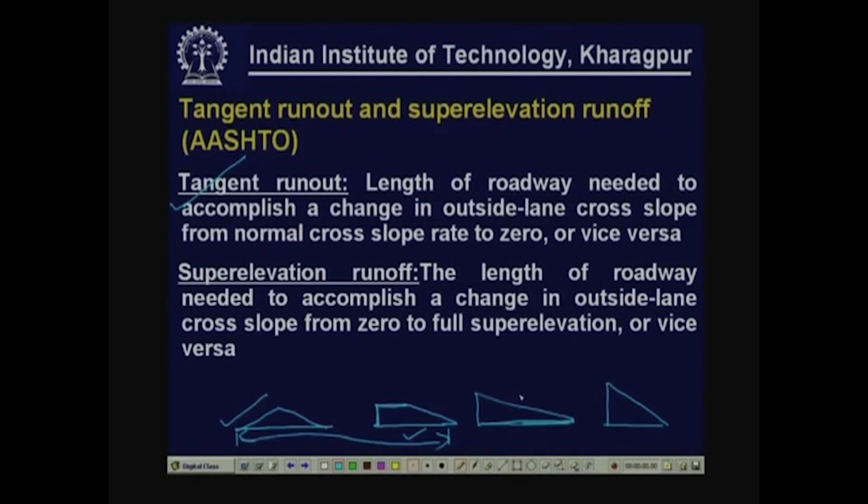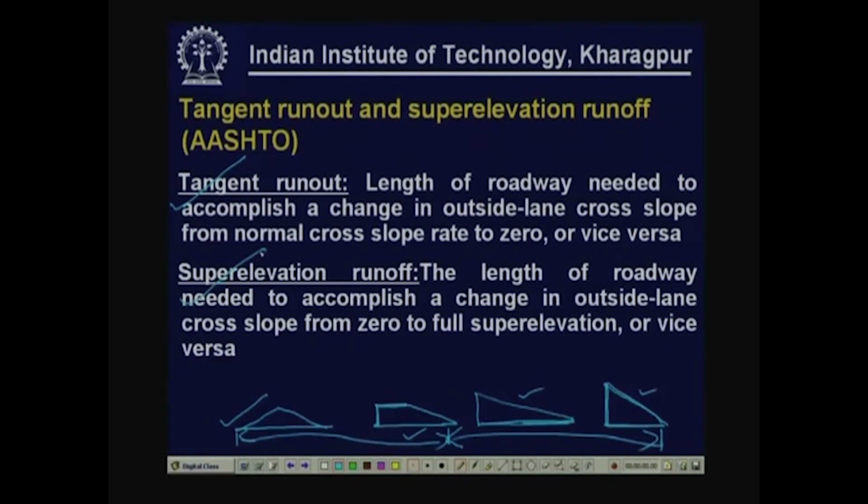So, this is stage 3 and this is stage 4. This change is also done over a length. This length, where the outer edge from 0 is rotated to attain the full super elevation as shown here, is known as super elevation runoff.